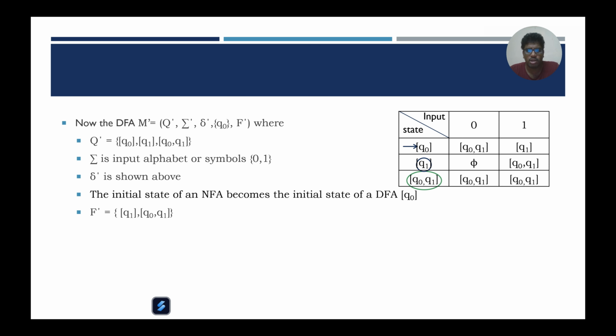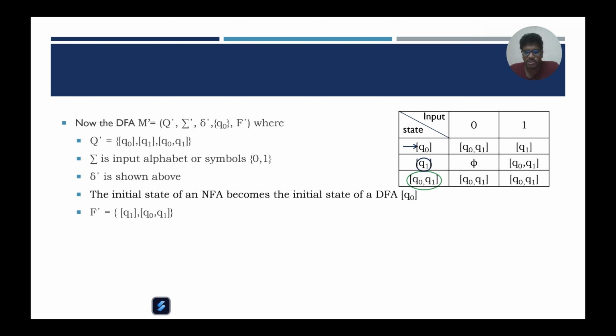We got the Q0, Q1, Q0 comma Q1 states represented here. The inputs are the same as the NFA, so 0 comma 1. Based on the transitions we got this transition table. The initial state of NFA will become the initial state of DFA. So Q0 is the initial state.